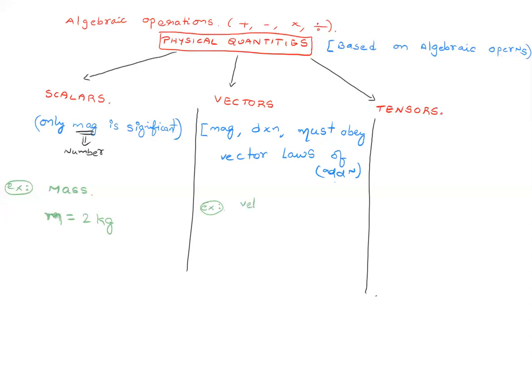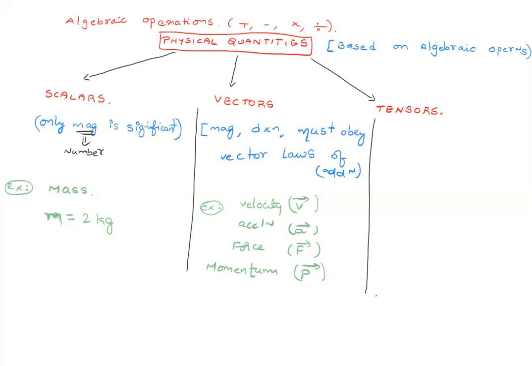Velocity is a vector. For vectors you keep a bar symbol beside the letter. Velocity is represented by v bar. Acceleration is a vector, represented by a bar. Force is represented by f bar. Momentum is represented by the symbol p bar.